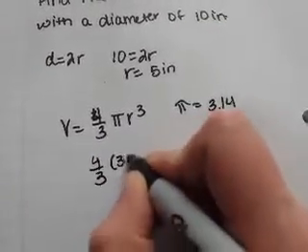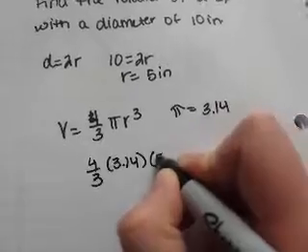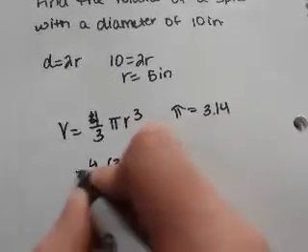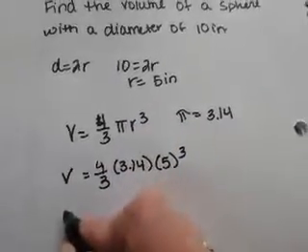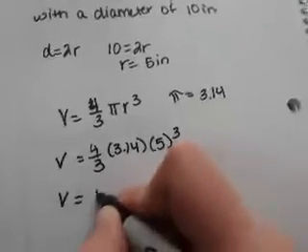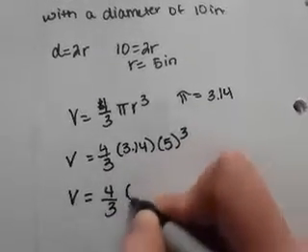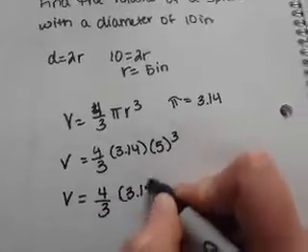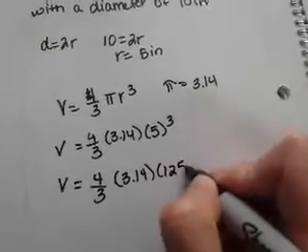Let's plug in what we know. 4/3 times 3.14 times, this time 5 cubed, is equal to our volume. Cubing 5, we get 125.